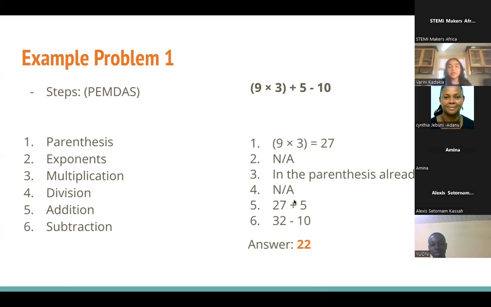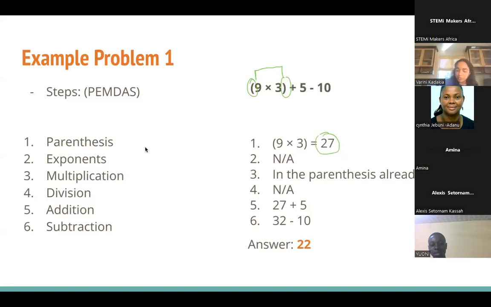Okay. So first, let's take a look at parentheses. We see that there are parentheses that encompass 9 and 3, so here and here. So we should evaluate what's in between first, and we get 27.